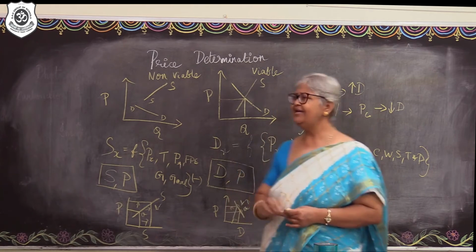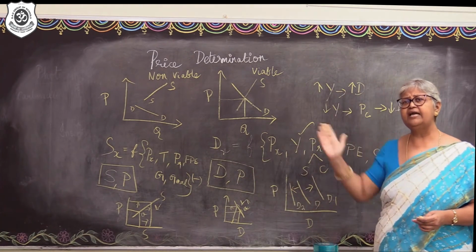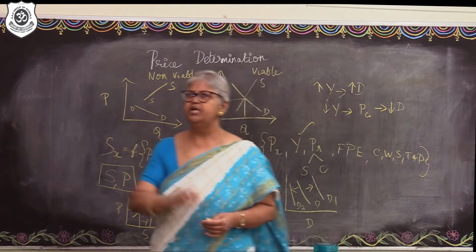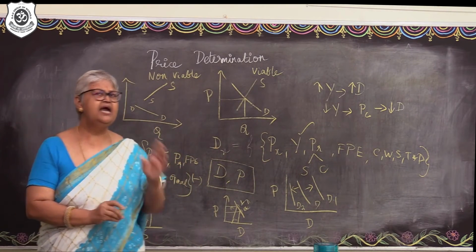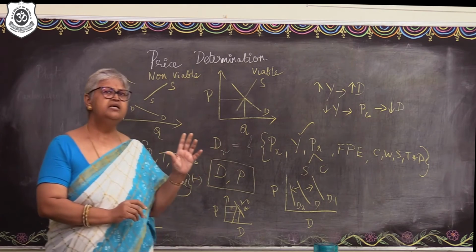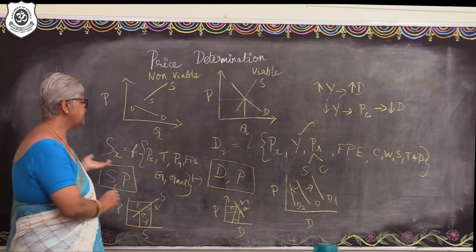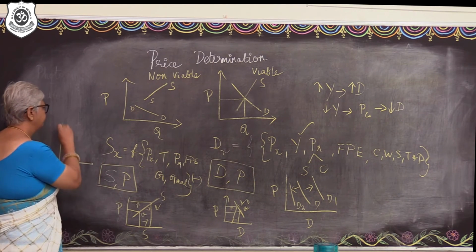Once more, like the demand, there could be a rightward or a leftward shift in the supply curve. A rightward shift in the supply curve would mean an increase in the supply, and a leftward shift in the supply would mean a decrease in the supply. Yes? So let's just understand that quickly.